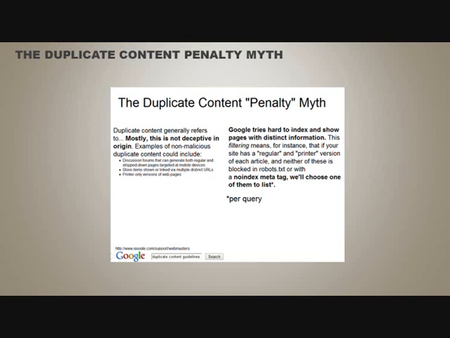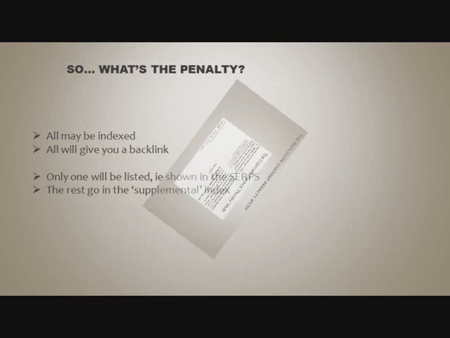So all of them aren't going to show up, and that makes sense. You don't want 10 articles all the same, or 10 videos all the same, or 10 sites all the same. You don't want that showing up in the listings. So Google will filter the information and they will only show one piece of content within the listings.